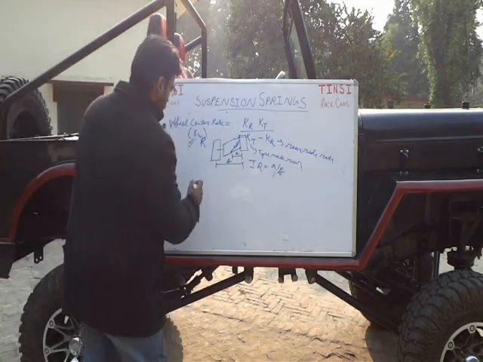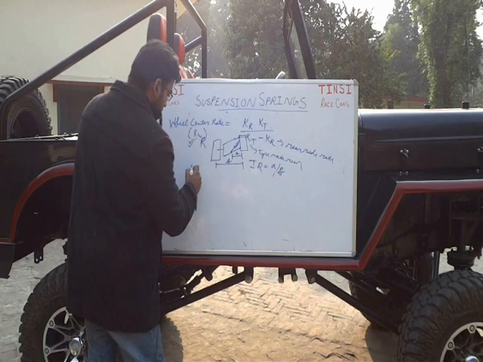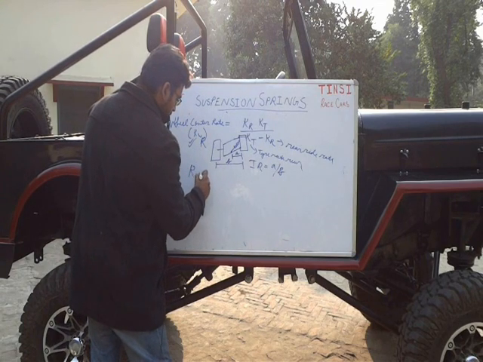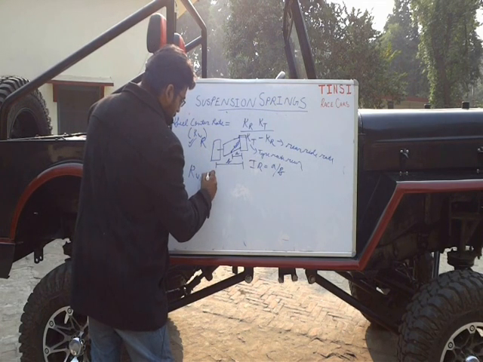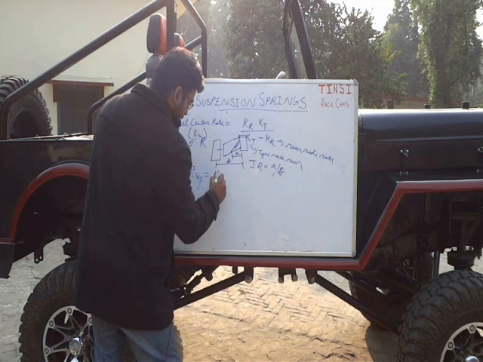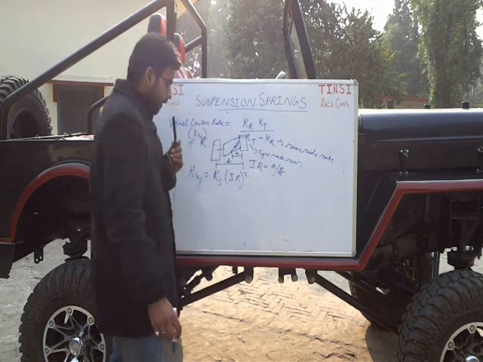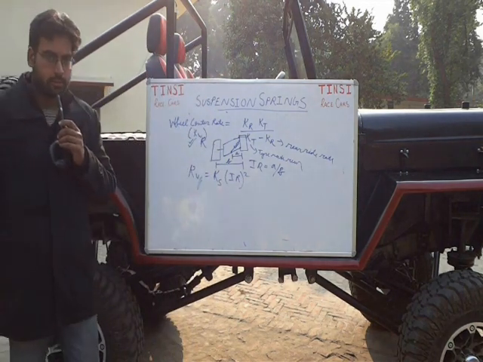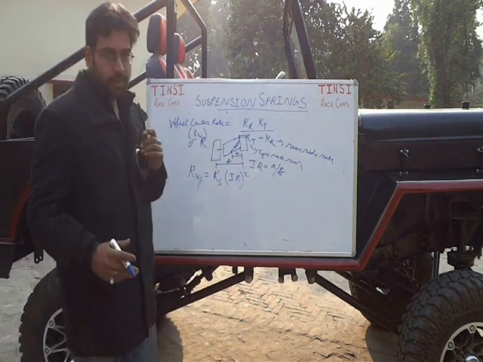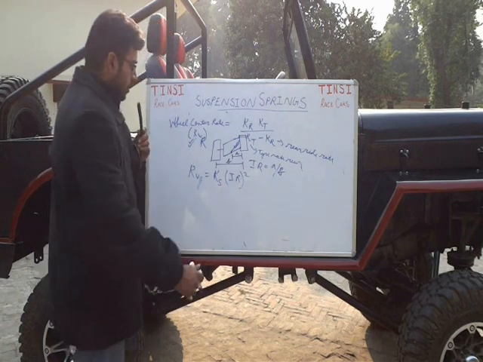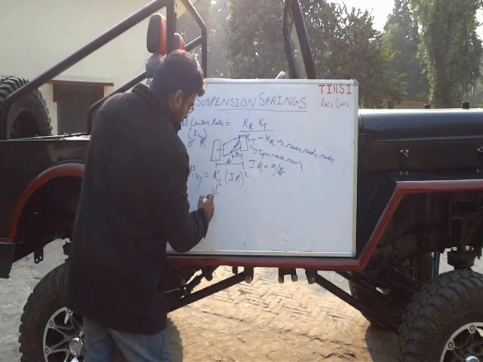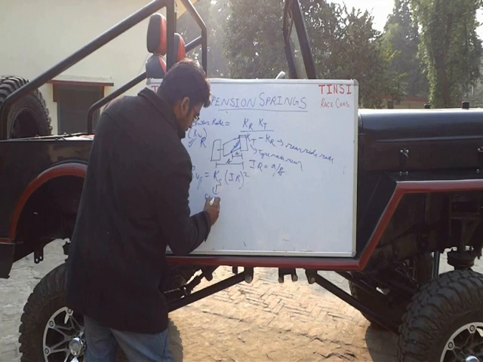So now we have taken out the wheel center rates. KW is equal to KS into IR square. We all know these things. Okay, you're doing FSAE BAJA, you know this. Here KS is our spring rate.